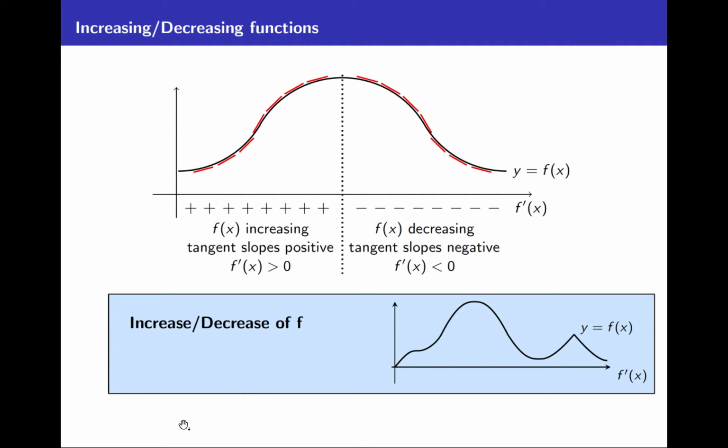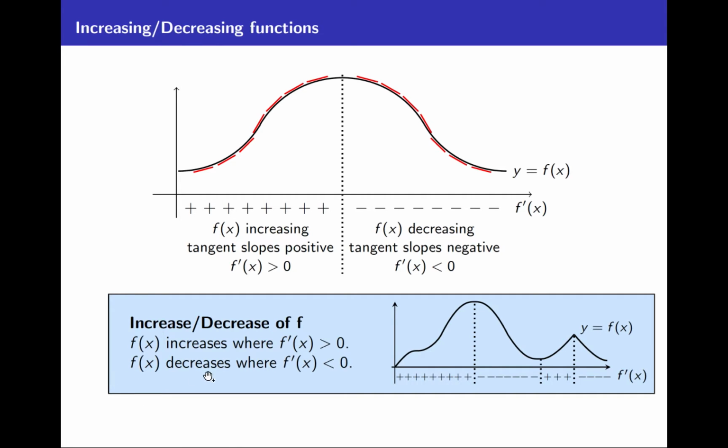The takeaway from this is that we can determine the increase or decrease of a function f as follows. f of x increases where its derivative is positive. So here's an f, it's increasing where its derivative is positive, and it's decreasing for a while. It increases again, those tangent slopes are positive there, so f prime is going to be positive.